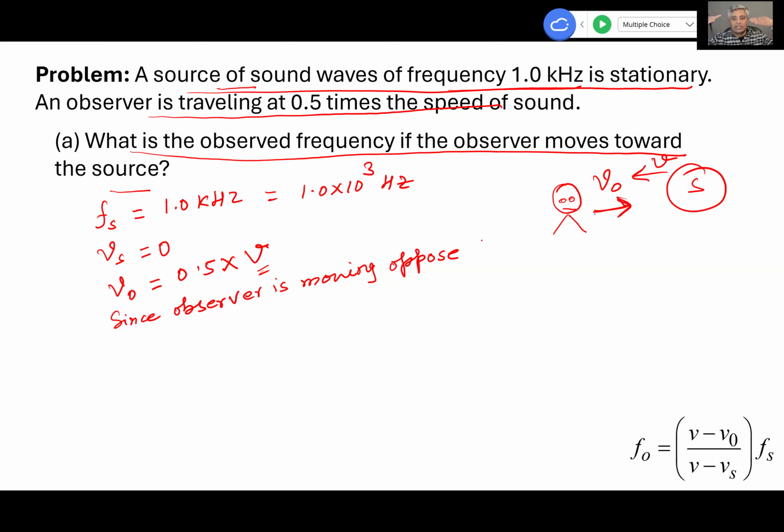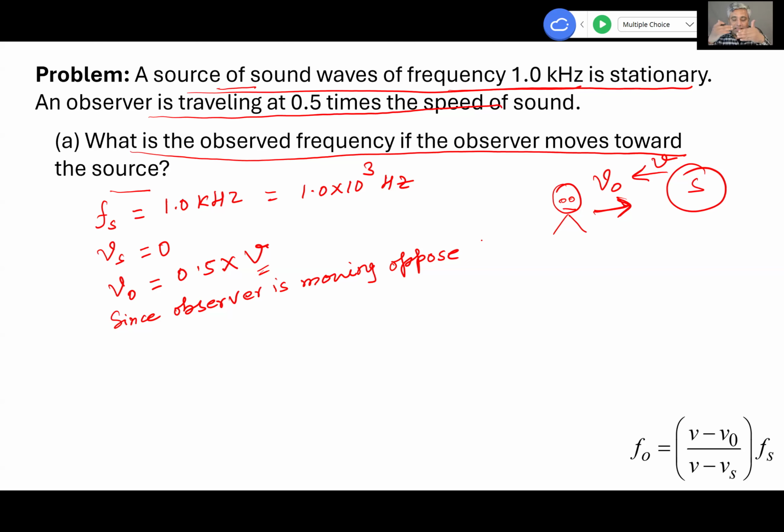remember, if two objects are moving close to each other, the relative velocity becomes faster, right? So if you are driving and another car is also driving toward you, the relative velocity becomes faster, meaning you're going to be approaching faster. But if both of you are driving in the same direction, even if you are driving faster than the other person, to catch that car is going to take a while.